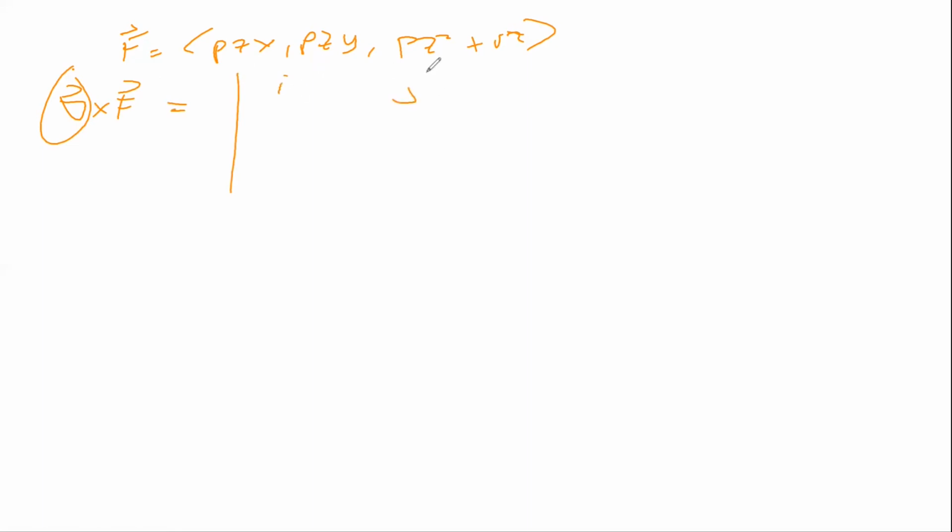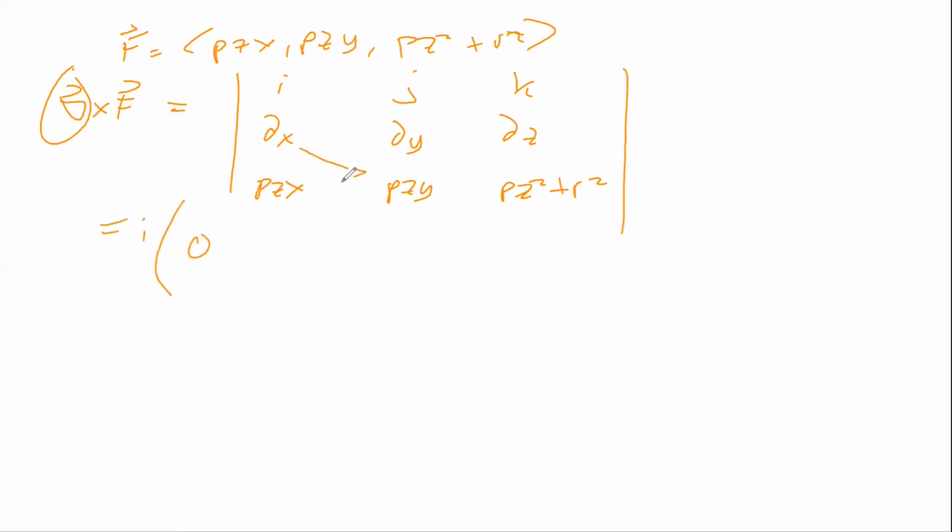So you have i, j, k, and our curl is just evaluating this determinant. First we get 0. The x derivative of that first term is clearly 0.